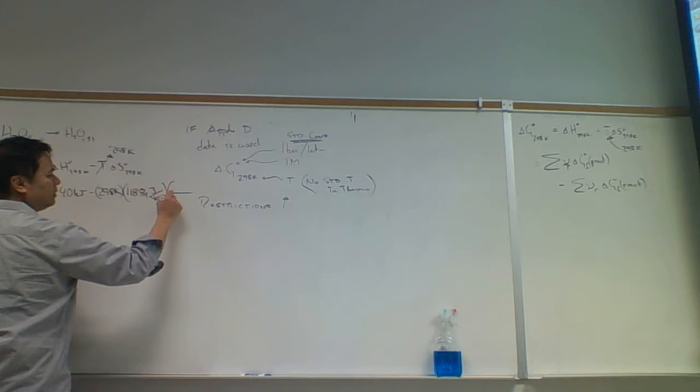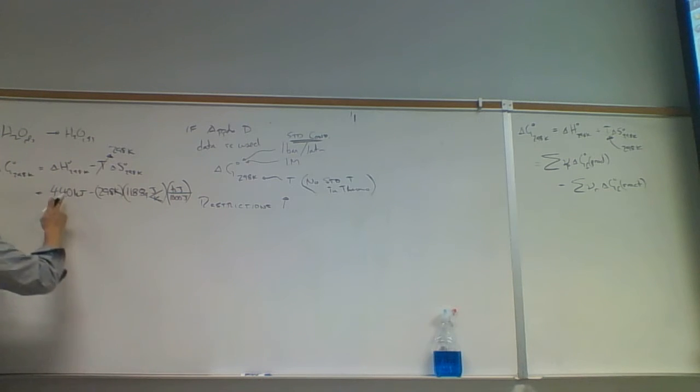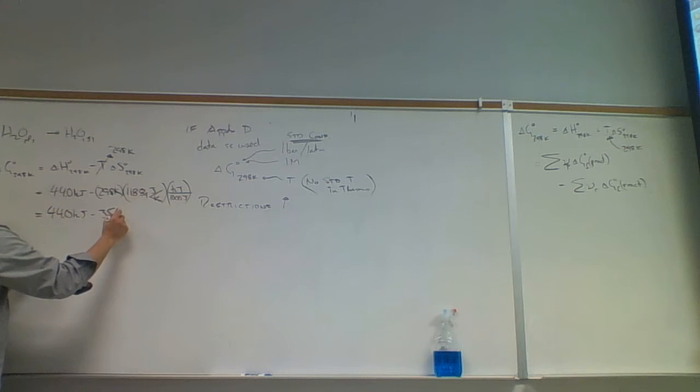So let's go ahead and divide by 1,000 joules per kilojoule. And so I'll take 118.89 times 298 divided by 1,000. That's 35.42. And so I have 44.0 kilojoules minus 35.42 kilojoules.